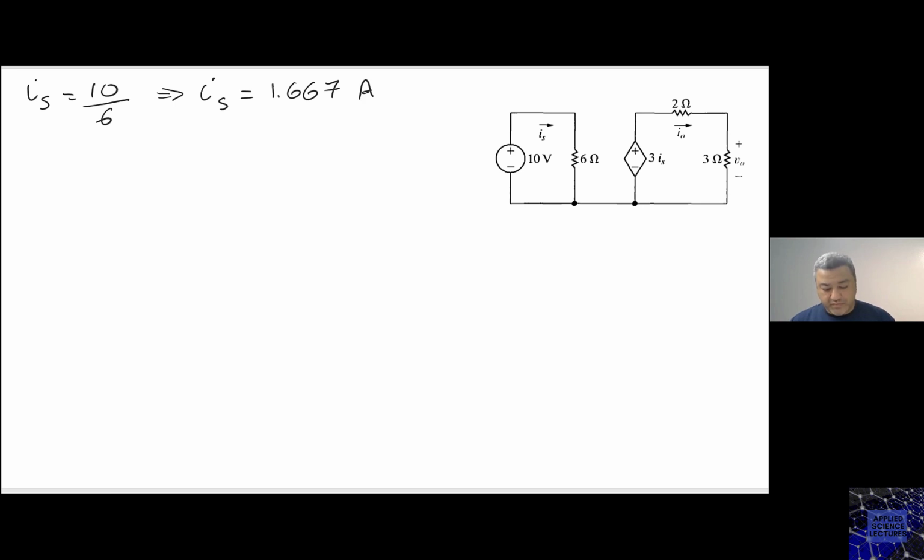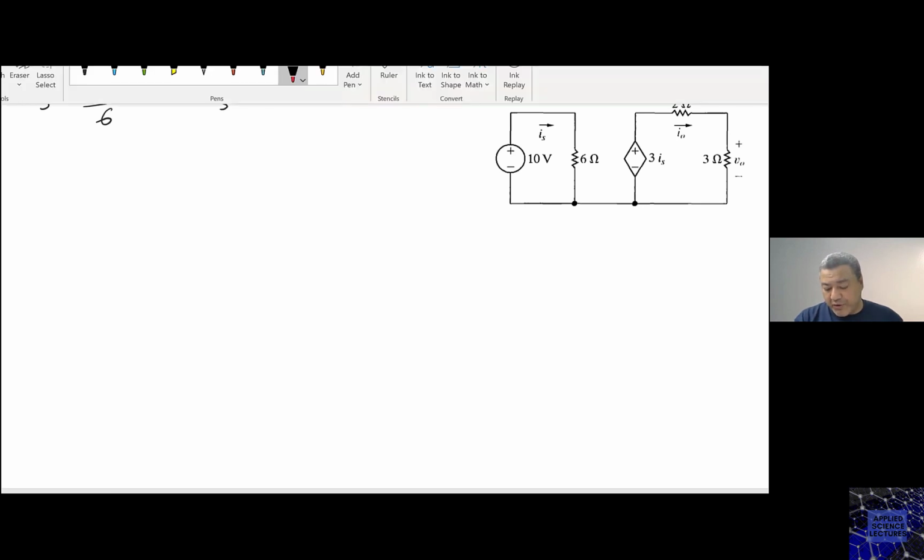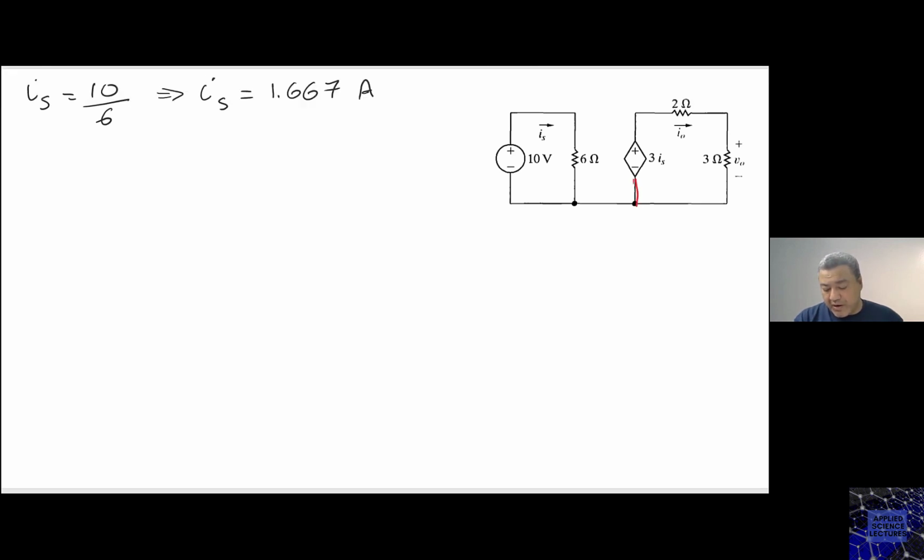But at this little dot here, this node, doesn't it split off into two? You're talking about the I naught? No, IS only goes through the 6 ohm. Well, there's a node here, doesn't it split in two? No, no. The only understanding of this node is that they share the same reference point.